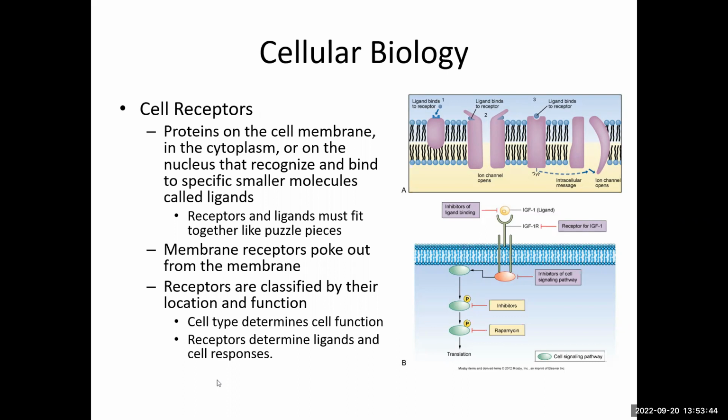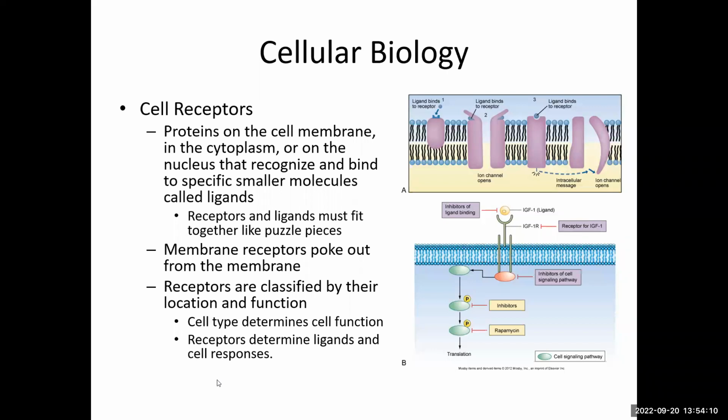Many of these membrane receptors are going to poke out of the cell membrane. They're going to be on either the outside or the inside of the membrane. And we can classify these receptors by their location or function. A lot of times, the receptors that are active in a particular cell are going to determine the cell's functions. Receptors will also determine the ligands and the response that these have.